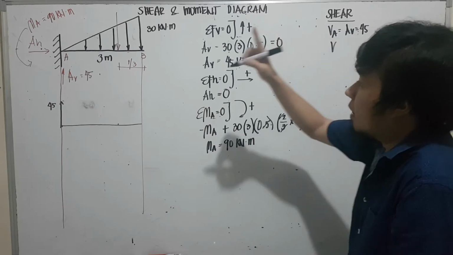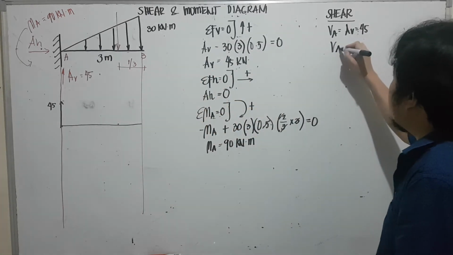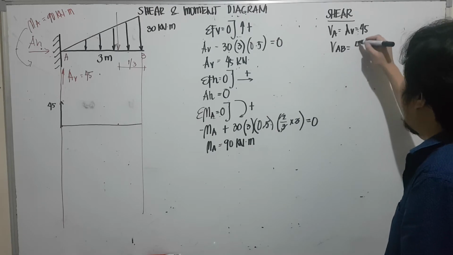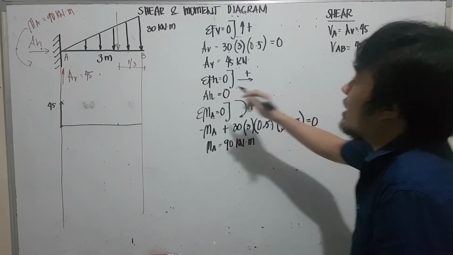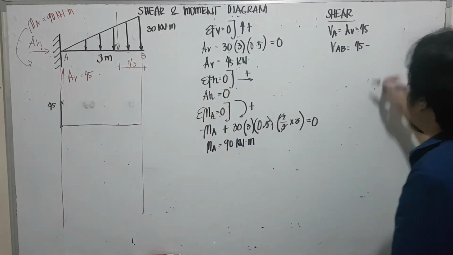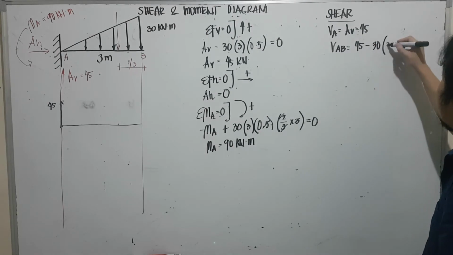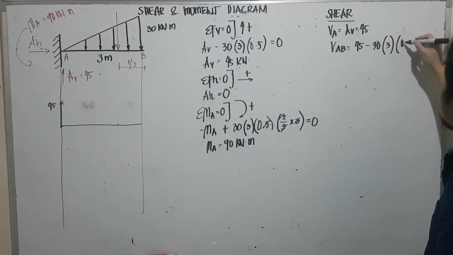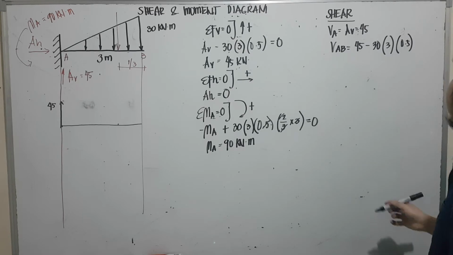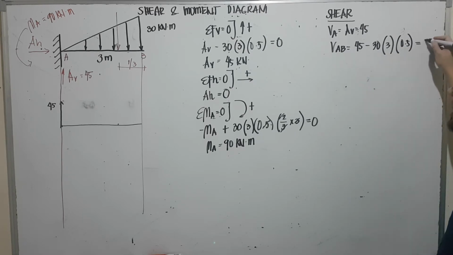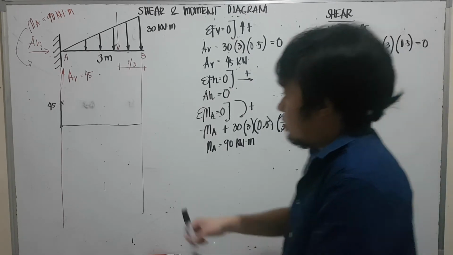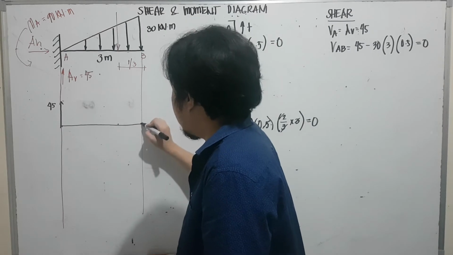Shear AB is equivalent to 45 minus 30 times 3 times 0.5, and this is equivalent to 0. So from 45, it will go back to 0.